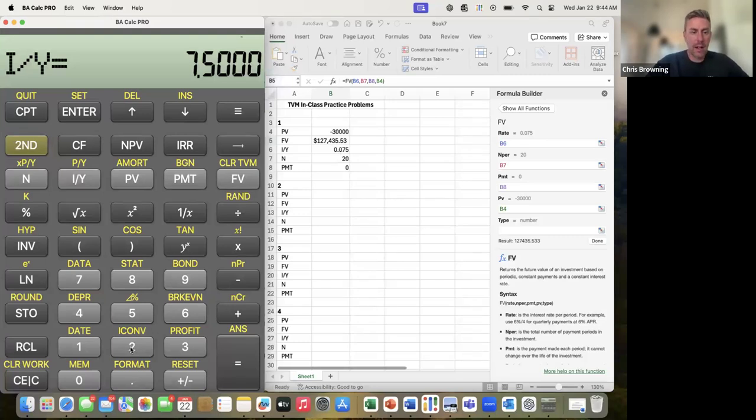Okay, 20 is our N. All right, now all we're doing is looking for our future value. So when I want to compute a TVM function, I'm going to come up here and hit this compute button. And then I'm going to hit the function that I'm looking for. Okay, I'm looking for the future value. And just like we got in Excel, $127,435.53.